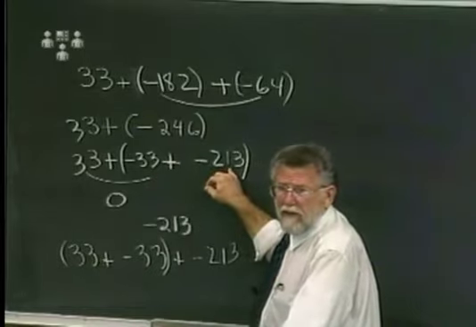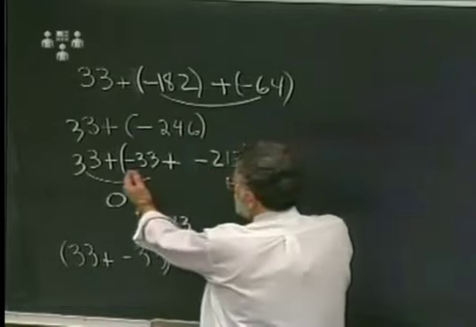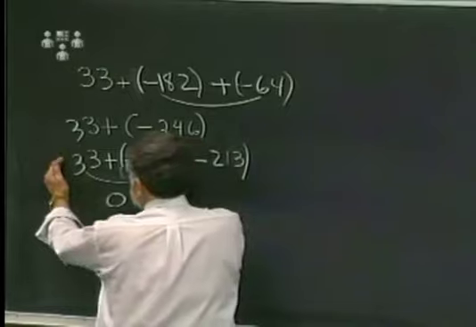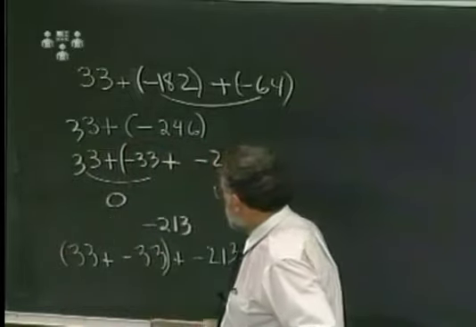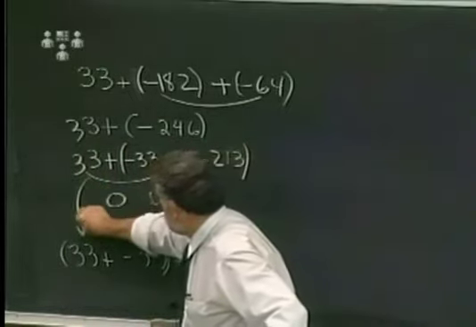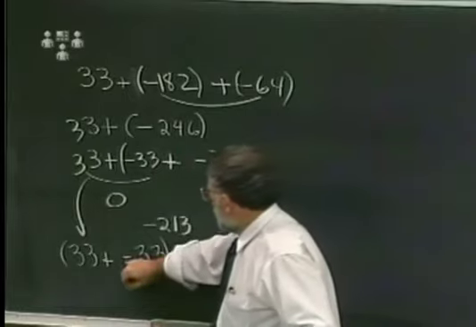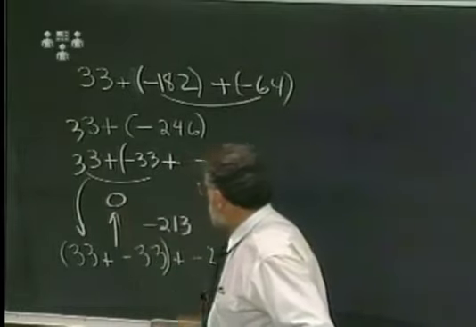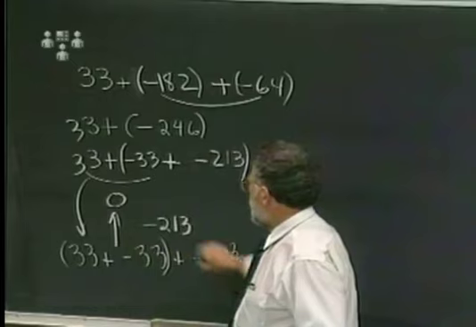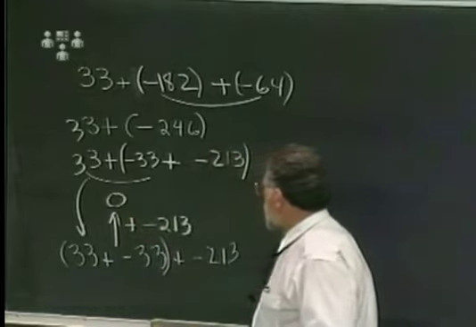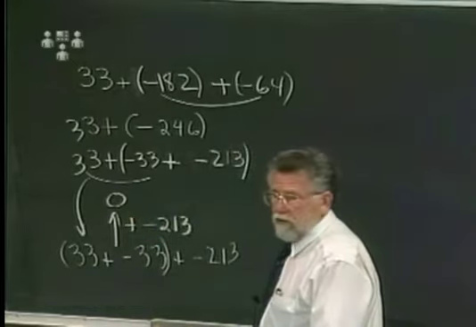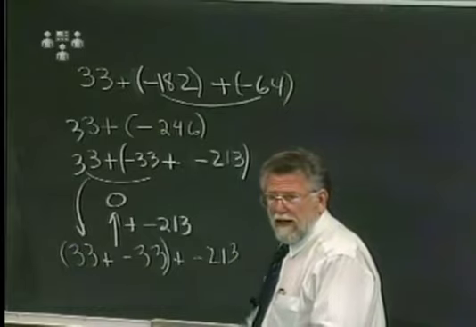Now, the associative property allows you to do what? Take this parentheses and just move it over here. And that's what I've done as I've gone from here to here, so that this part becomes the 0, and then this is what's left over here added together, and that just gives you the negative 213.